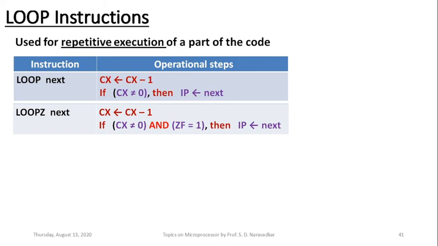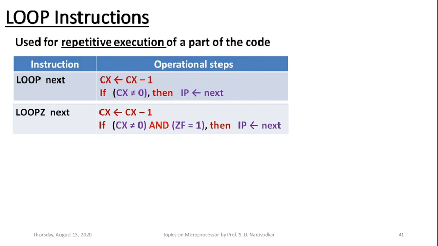First of all, the counter is decremented as usual, there is no difference: CX minus 1 copied to CX. Then the basic condition, if CX is not equal to 0, will also prevail as it is. But one additional condition has been written thereafter, and zero flag is set to 1, ZF equal to 1.